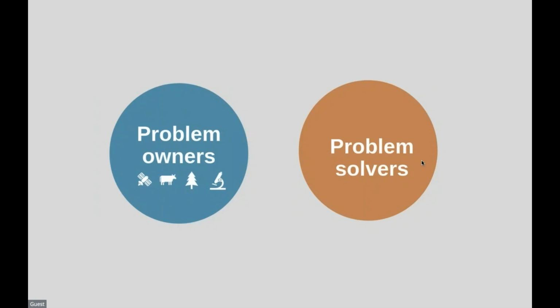So we have on the one hand the problem owners and the problem solvers, and then there's this gap. The problem owners could be like the United Nations Sustainable Development Goal, or some other healthcare research center. And on the other hand, we have the problem solvers. So the question is, how do we close this gap?